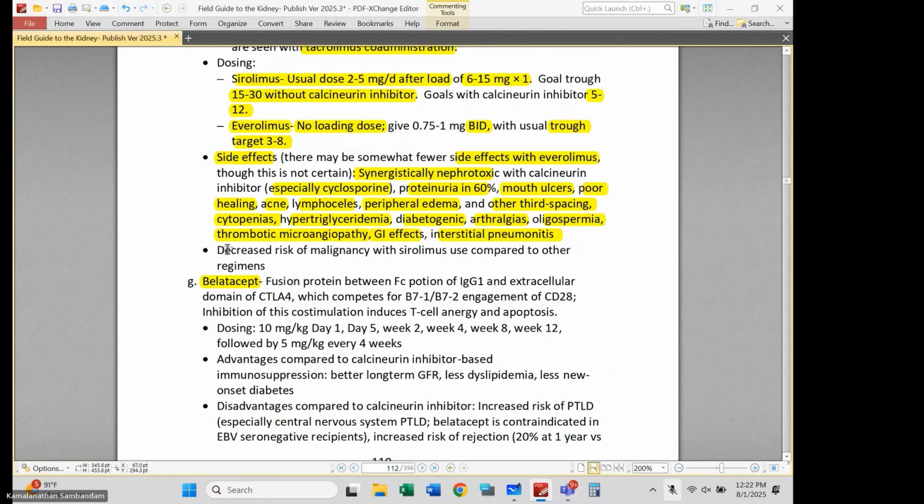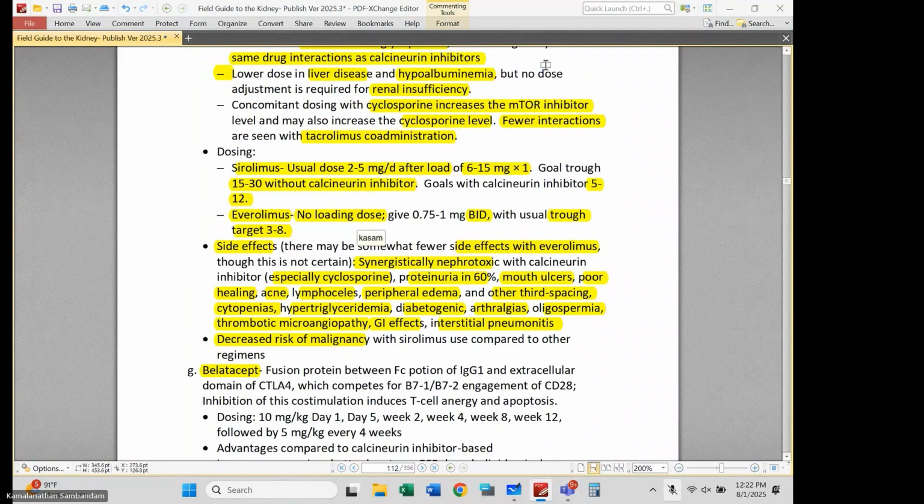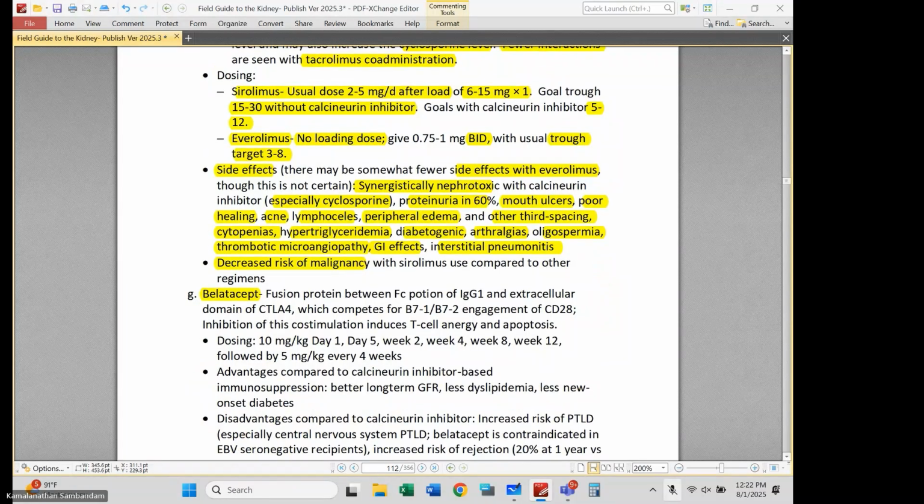All right. Again, there is a decreased risk of malignancy, perhaps because of this, again, affecting mTOR pathways, right? Cell cycle progression. Also, perhaps by antagonizing the VEGF pathway, which is presumably important for cancer to grow and metastasize.